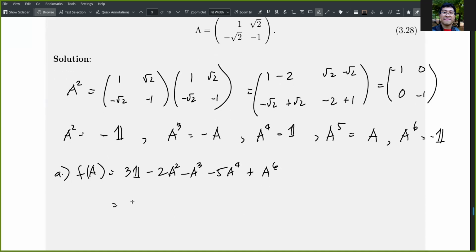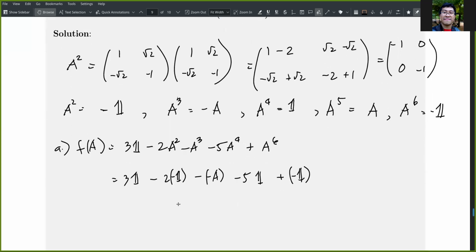Okay, so it's 3, plus 2 times negative 1 minus A3, which is negative A, minus 5 times 1, plus A6 which is negative 1. Okay, so 3 plus 2 is 5.